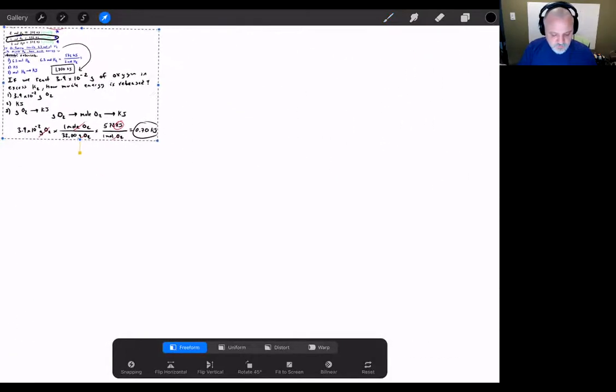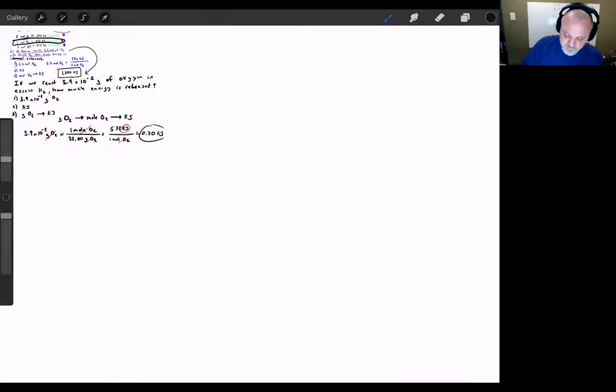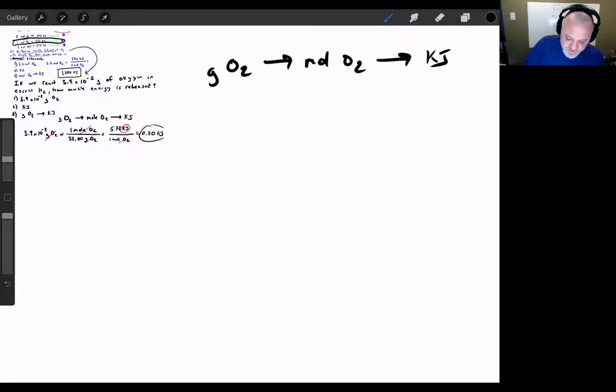So let me just pause real quick right there and see if there are any questions. Well, actually, before I pause, let me remind you that we went from grams of O2 to moles of O2 to kilojoules. But I could say 928 kilojoules of energy are released.